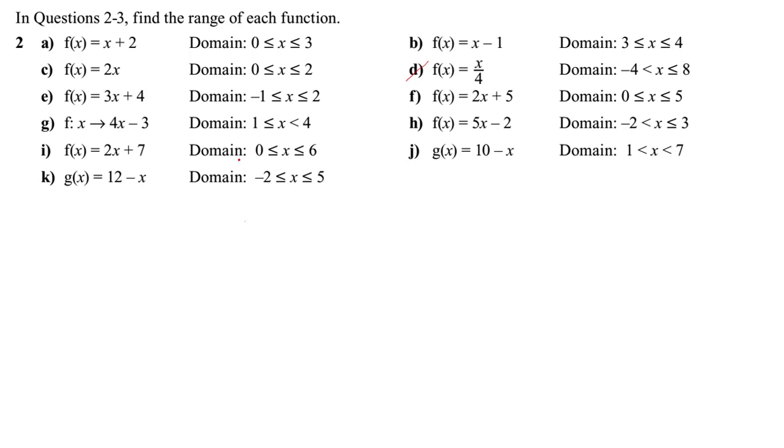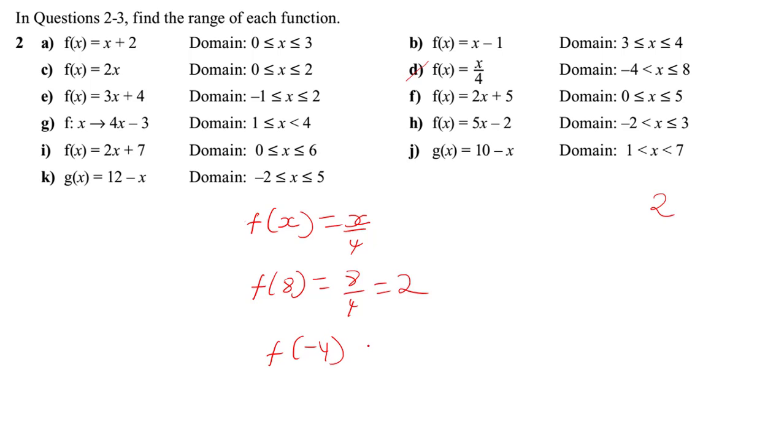Okay. So f of x equals x divided by 4. Our highest value there is basically 8. So we say f of 8 is going to be equal to 8 over 4, which is going to be 2. So the first value you're having there is a 2. Now the other one is f of negative 4 on the lower side.